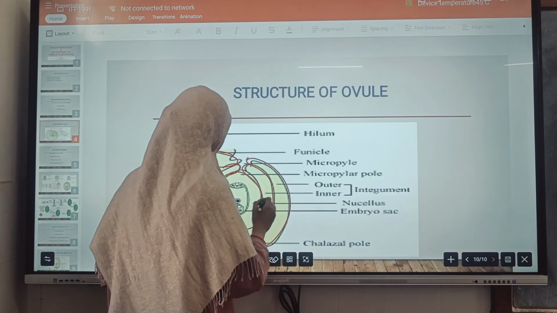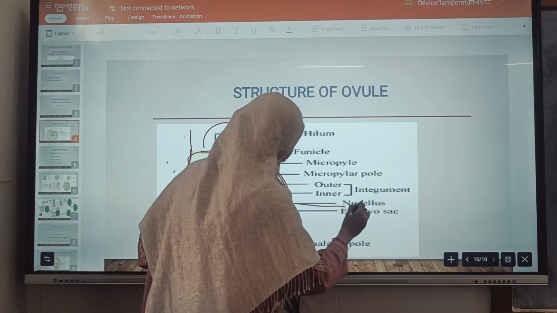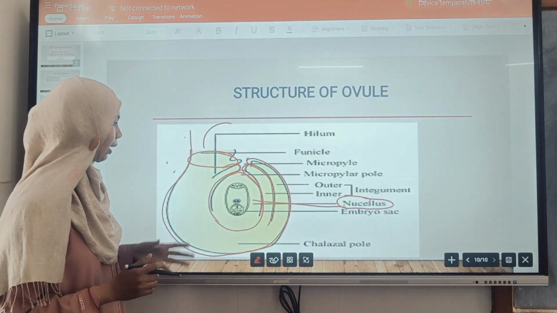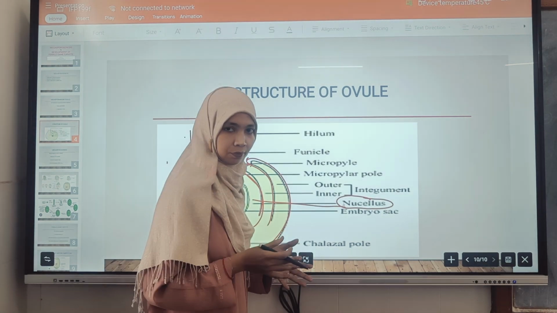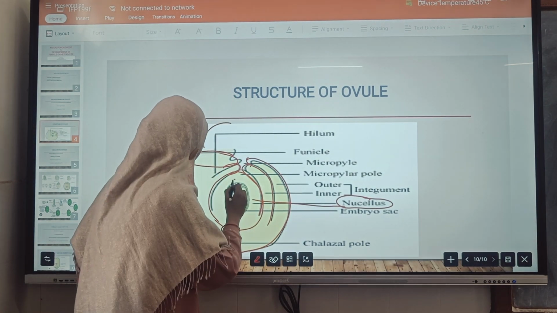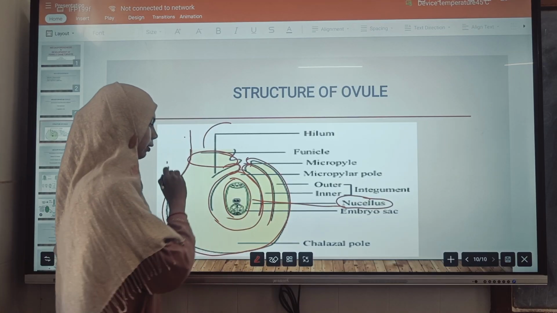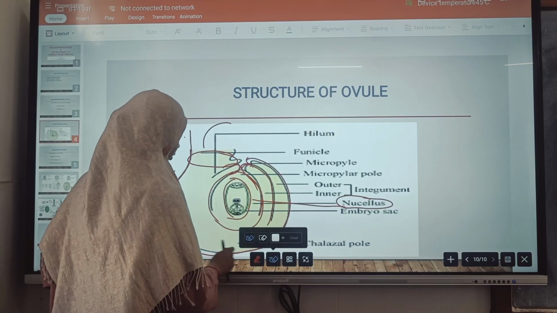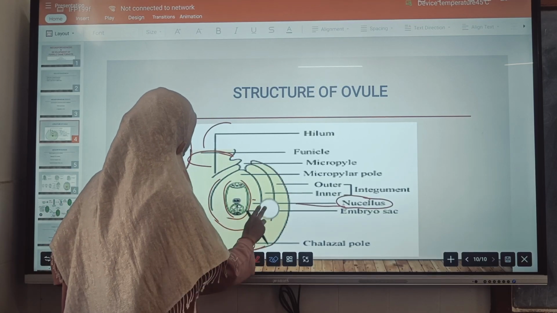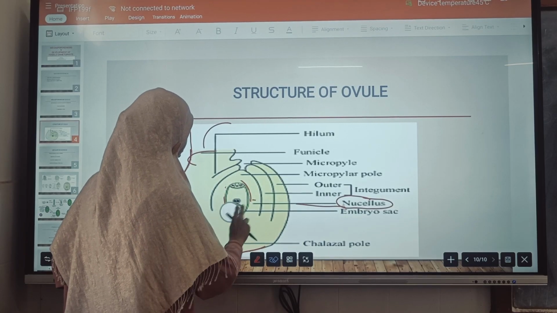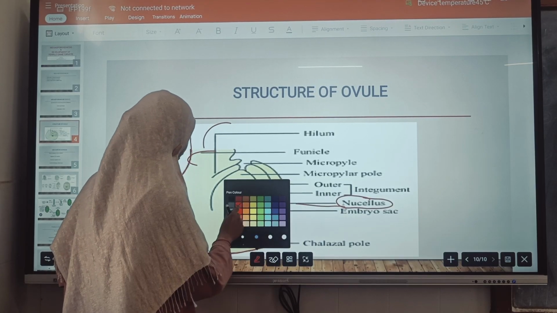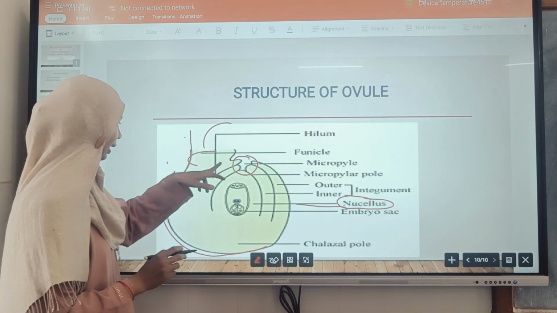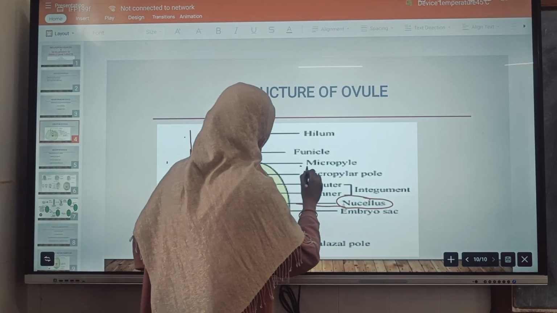What is nucellus? Nucellus is the main body of the ovule, composed of a mass of parenchymatous cells, and these parenchymatous cells are nutritive cells which provide nutrition to the developing embryo cell. Clear? These two protective layers are present above the nucellus, but the integument is not present at the tip of the nucellus, and that opening is called micropyle.